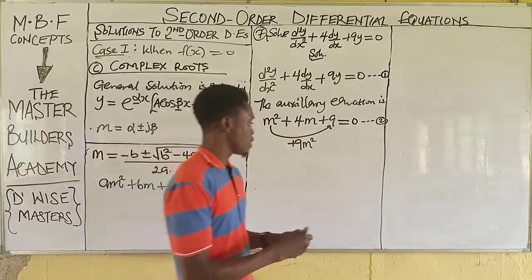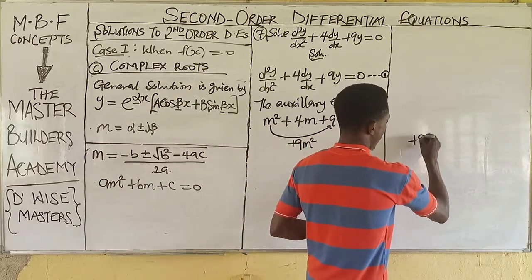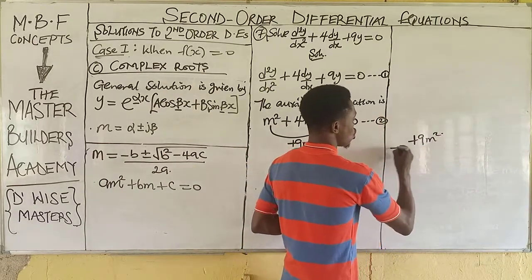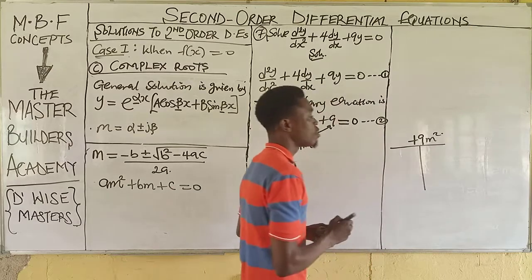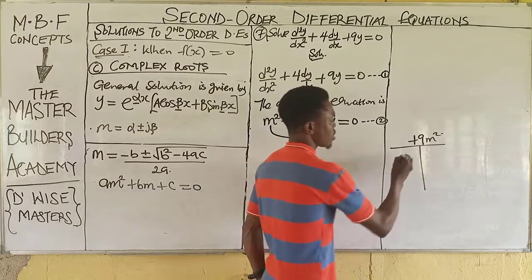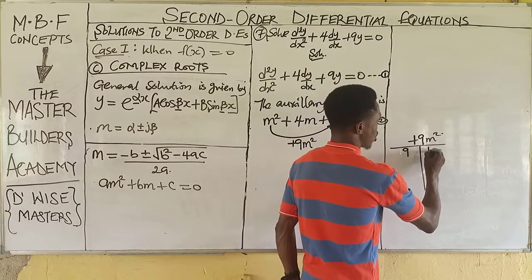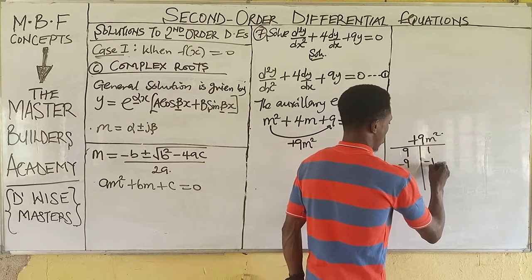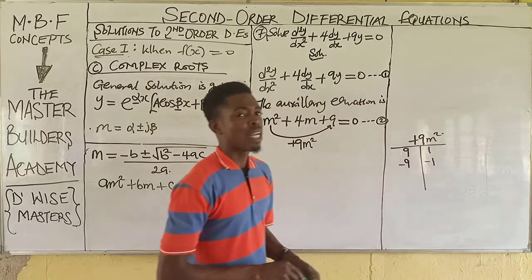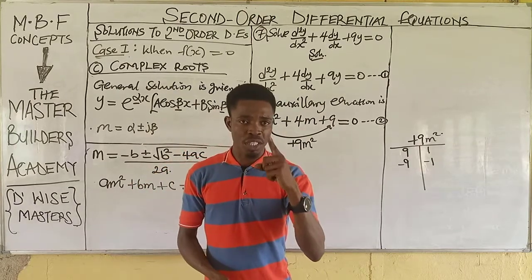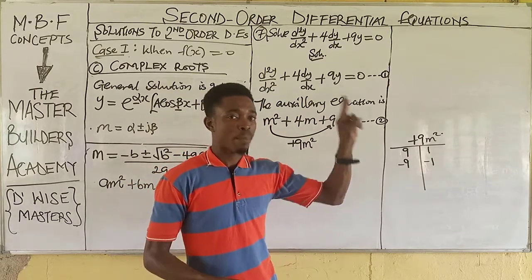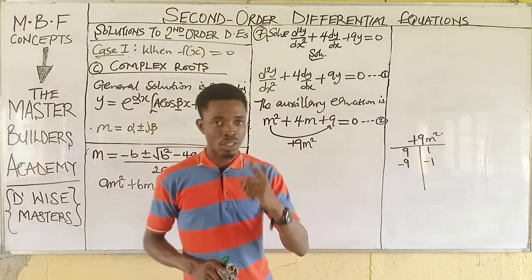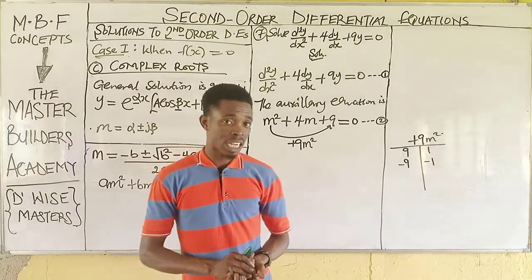Now let's check this out. This is plus 9m squared. So we create a column for the 2 factors. Of course, the product of 2 numbers is 9 multiplied by 1 and minus 9 multiplied by minus 1, because I have explained countless times that for the product of 2 factors to be positive, either the 2 factors are positive or the 2 factors are negative.